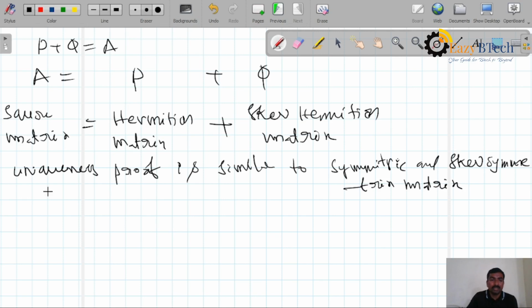So my dear students, we have to prove this one. The uniqueness proof is similar to symmetric and skew symmetric matrices. In the topic symmetric and skew symmetric, I already gave the proof. For this uniqueness, you will solve this one.